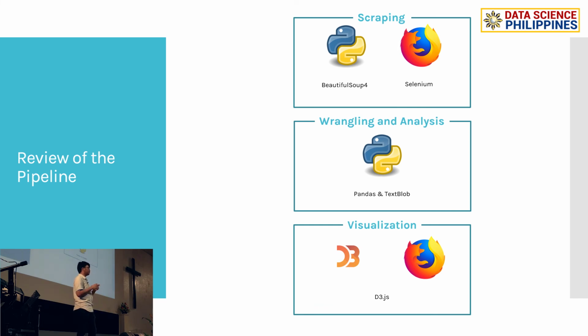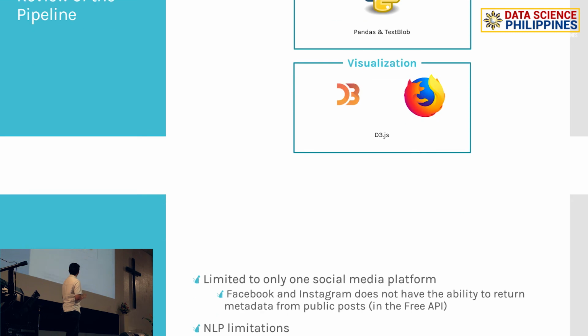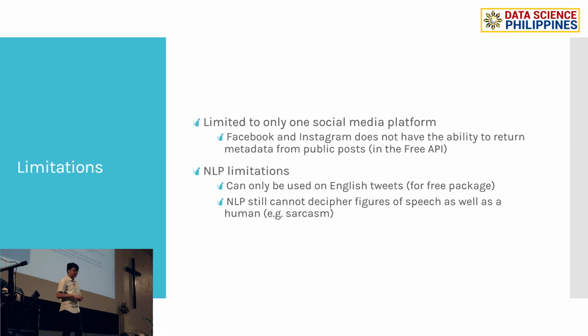In trying to identify what language each word was, I was able to identify which tweets were in pure English, which tweets were in Taglish, and so forth. And then the last part, I used D3, and obviously a browser, to perform my Scrollytelling visualization. That was the entire exercise that I did.